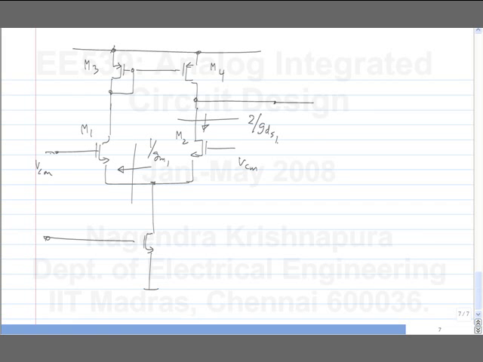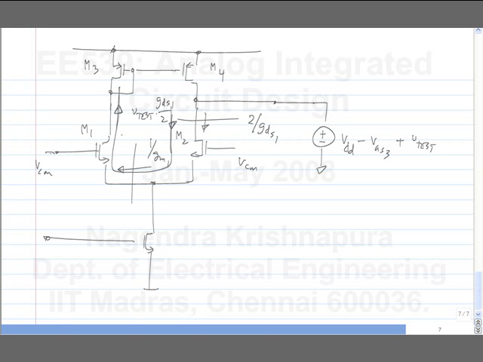So if you apply an incremental voltage, V test, the current that flows here is V test times GDS1 by 2. Now that current flows through M2 and M1 and finally into M3.